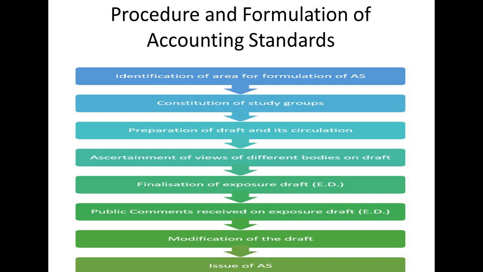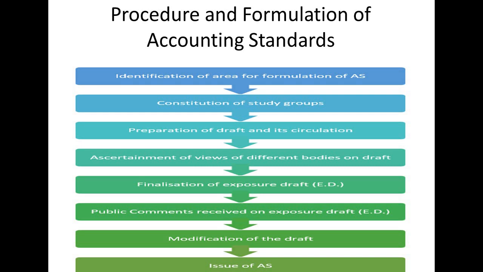And then the next one, the collection of views of different bodies. Once the rough draft of the accounting standard is created, it goes for circulation. In the circulation, all the expert teams, for example from the government side, the auditor side, and the investor point of view, may submit their views relating to the new accounting standard.